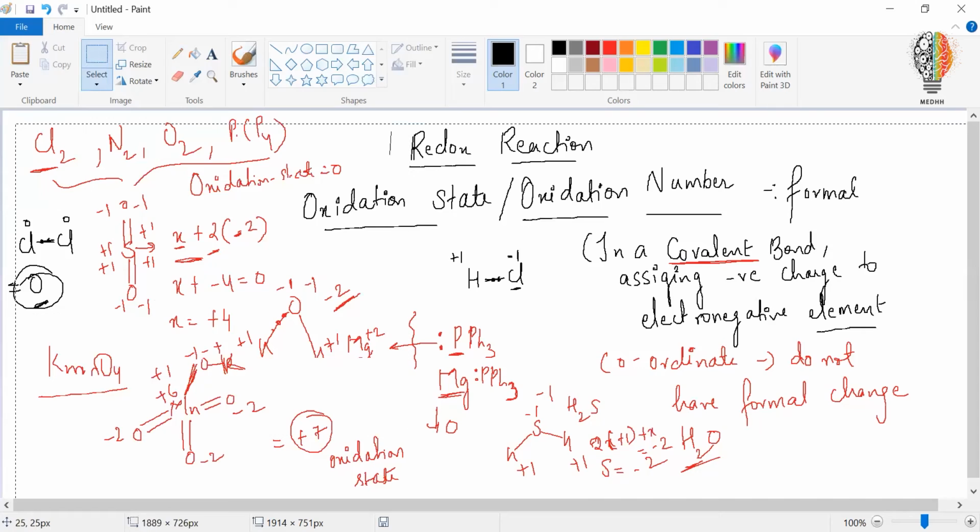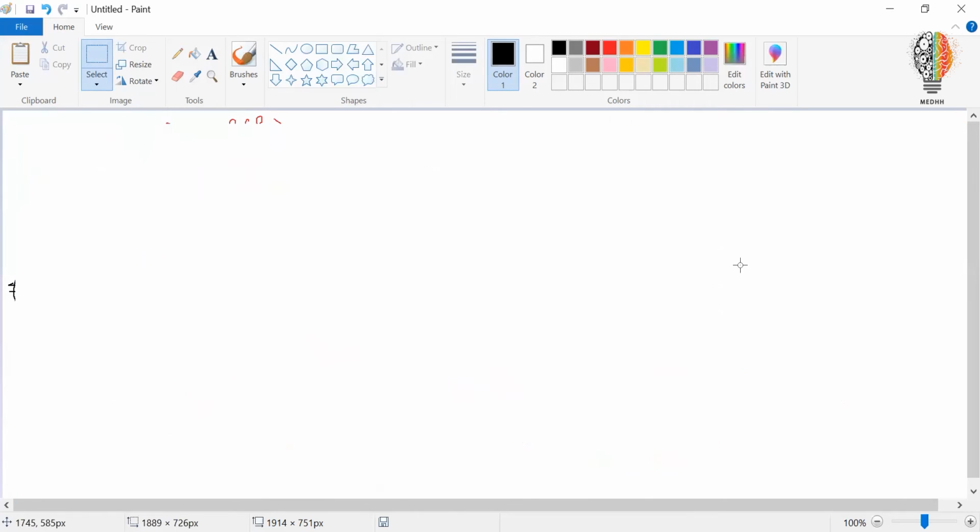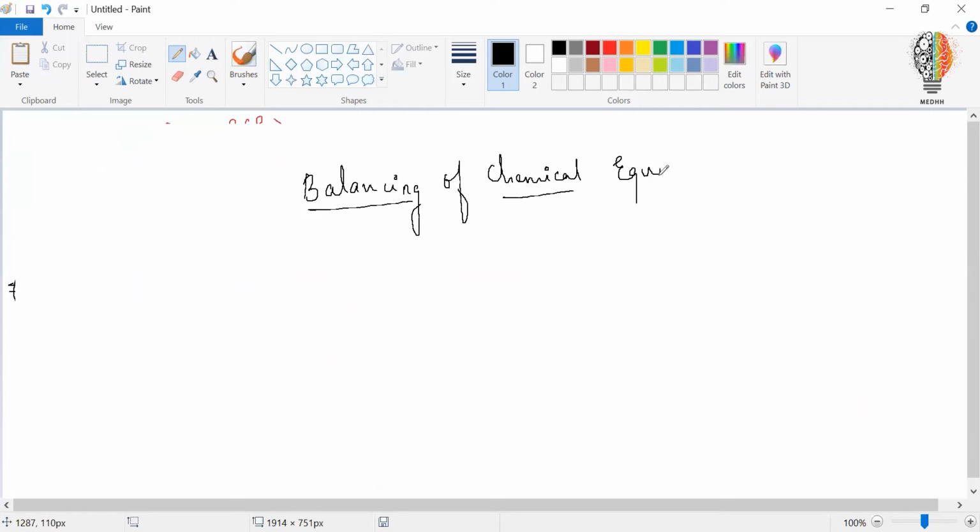Sure. Now let's move to the major part, which is the balancing of chemical equation. Now, if I talk about this method, there are two methods. One is your ion-electron method, which we are going to discuss in this class.